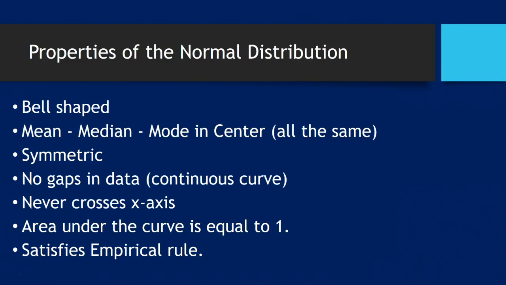There's no gaps in the data. So in Chapter 4, when we did an experiment like flipping a coin, we couldn't get 1.2 heads. We had to get 0, 1, 2, or 3 heads. Well, with continuous data, you can say, well, is there any heights that are 5 foot 6.1 inches? Since it's a continuous curve, we're going to be able to find a height of that size.